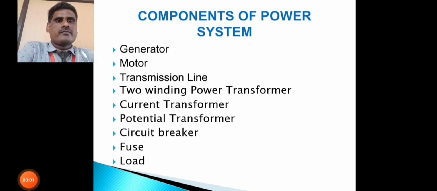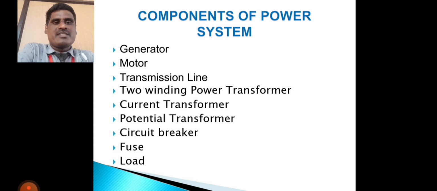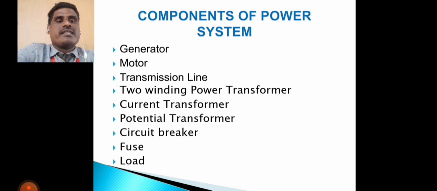And so, in the basic section, transmission is transmitting the power from the transmission station into the distribution center. So actually how is the power transmitted? Through the transmission line only, the power is transmitted from the transmission station into the distribution center. And the next one is two winding power transformer.